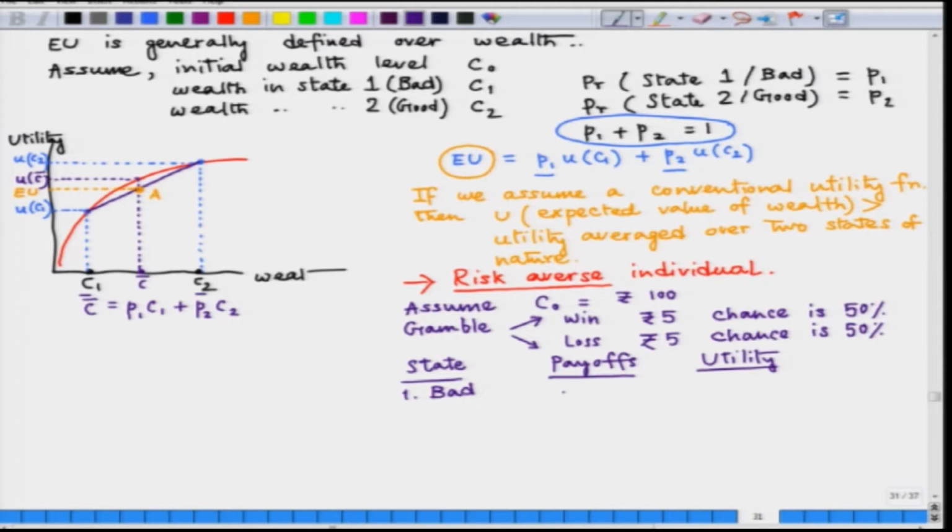Here our consumer loses, so he is left with 95 and the corresponding utility would be u of 95, and that is with probability 0.5. State 2 is a good state where our consumer wins. So, in this case he has rupees 105 and the corresponding utility is u of 105, and that is also with probability 0.5.